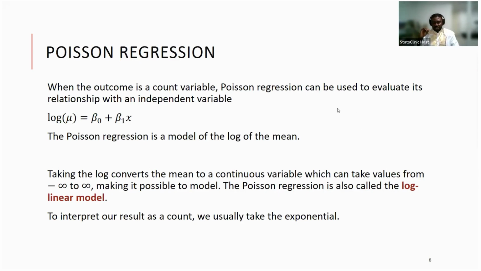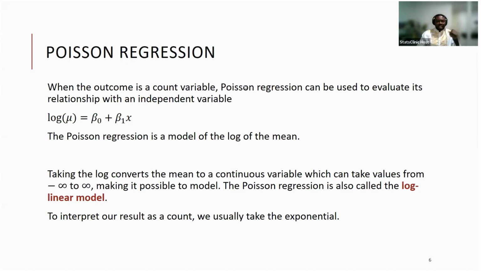If you have a count variable, the way that you will evaluate its relationship with an independent variable is with a Poisson regression. The reason why a Poisson regression becomes necessary, why we can't just use linear regression, is because of that consecutive nature that the continuous variable has.